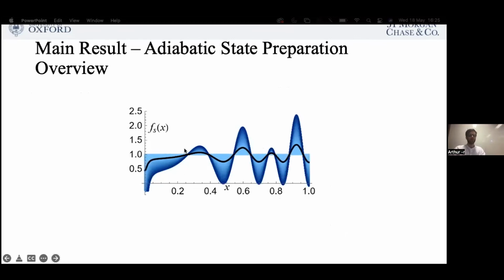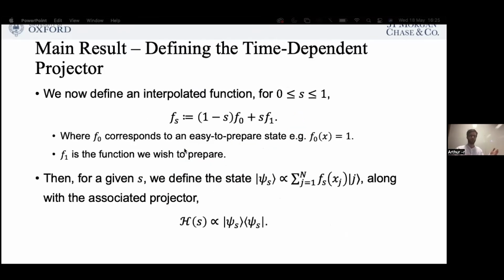Okay, so now all the tools required to present the algorithm have been presented, and so this is the result. First, we define a time-dependent projector, and we do that by defining an interpolated function for some normalized time parameter between 0 and 1 that interpolates between some easy-to-prepare state, f0, for example the constant function, and a final function that corresponds to the function that you want to prepare.